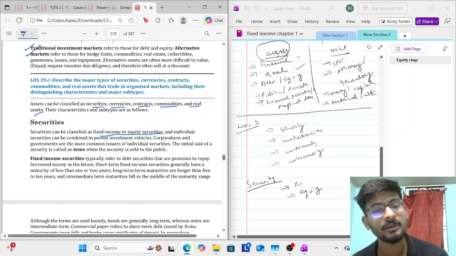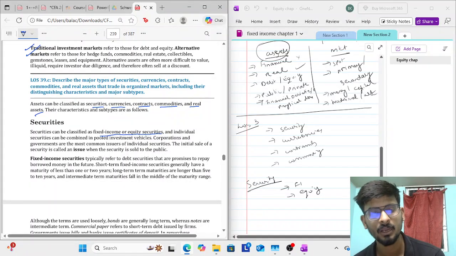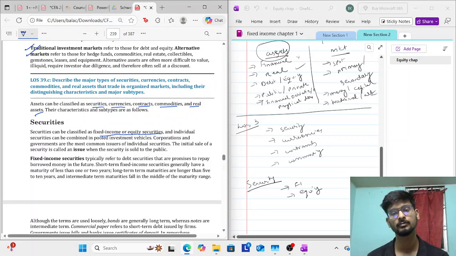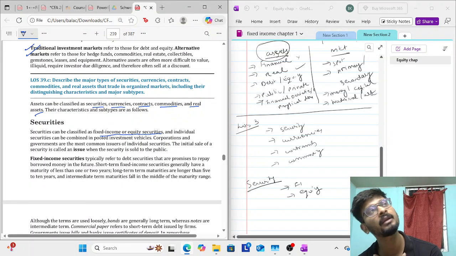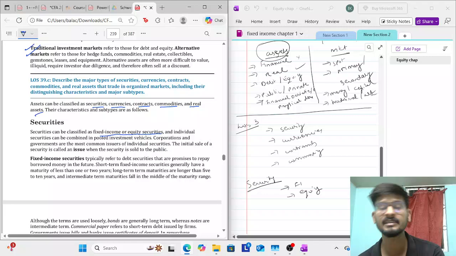Corporations and governments are the most common issuers of individual securities. The initial sale of a security is called an issue. I am a private company owner, and I am making a public issue. That is an IPO.